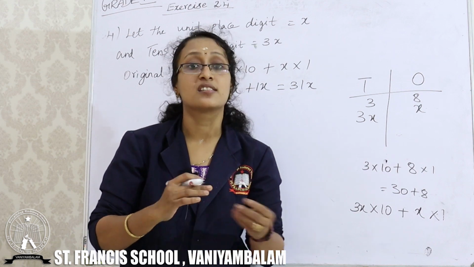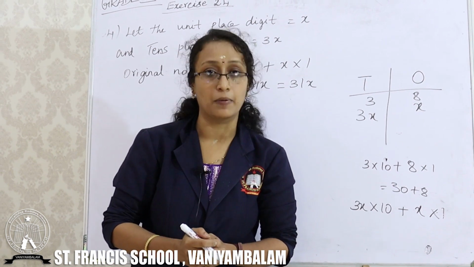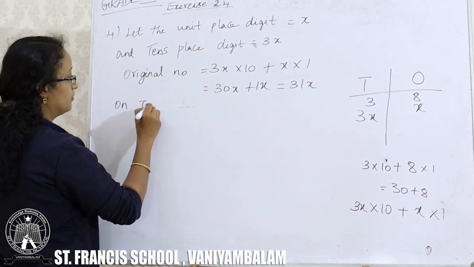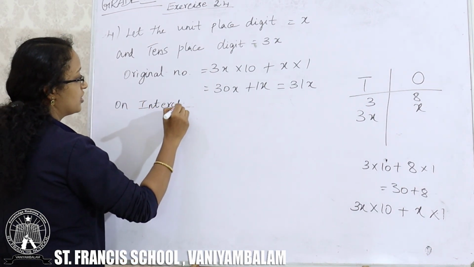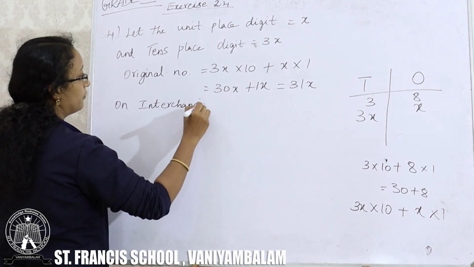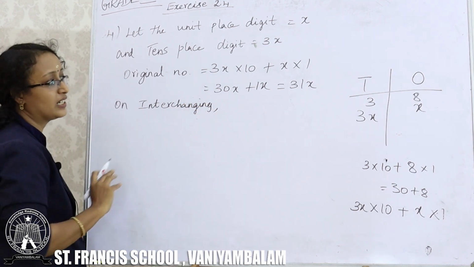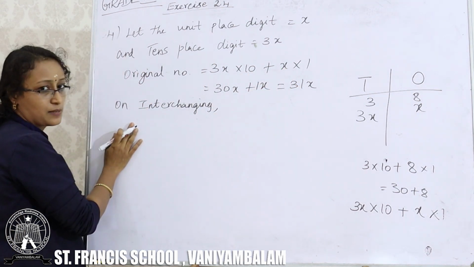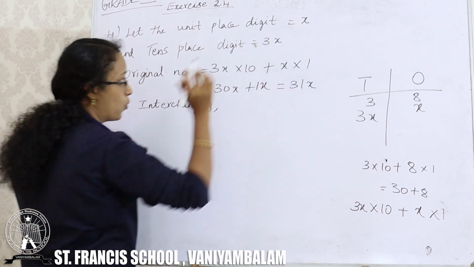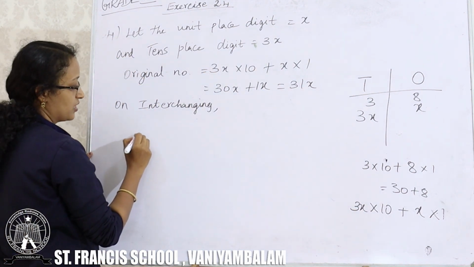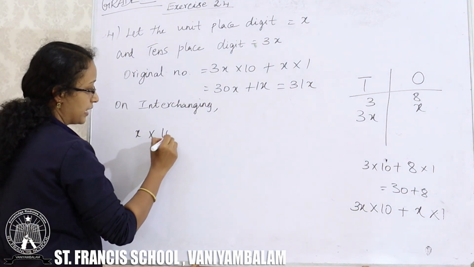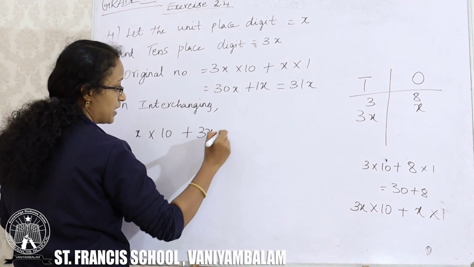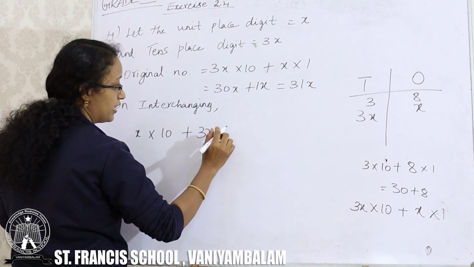It is given that we interchange the digits of the 2-digit number. On interchanging, I am going to give this x to the tens place and 3x to the ones place, that is 3x into 1.